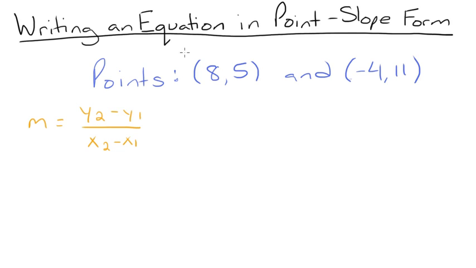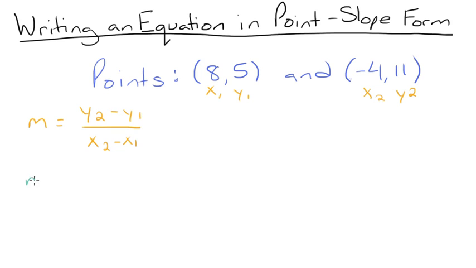For these points, let's call 8, 5, x1, y1, and -4, 11, x2, y2. If you wanted to switch these and have -4, 11 be x1, y1 and 8, 5 be x2, y2, that's also perfectly acceptable. You'll get the right answer either way. So now let's plug these values into our formula and solve for m.